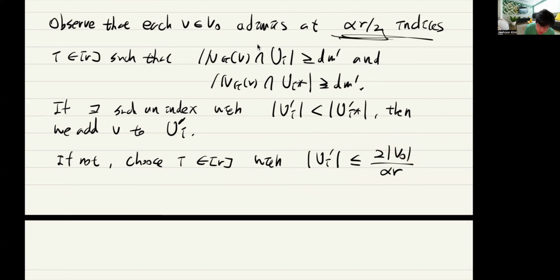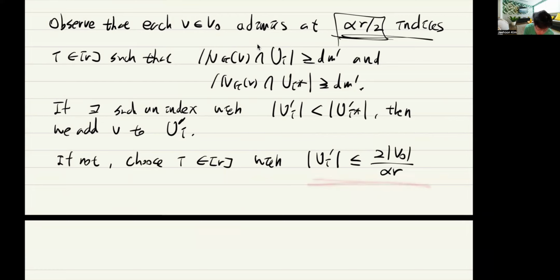There are this many indices. And we know that if we add up all the sets U'_i together, then their total size is smaller than the size of B0, because we are distributing B0.